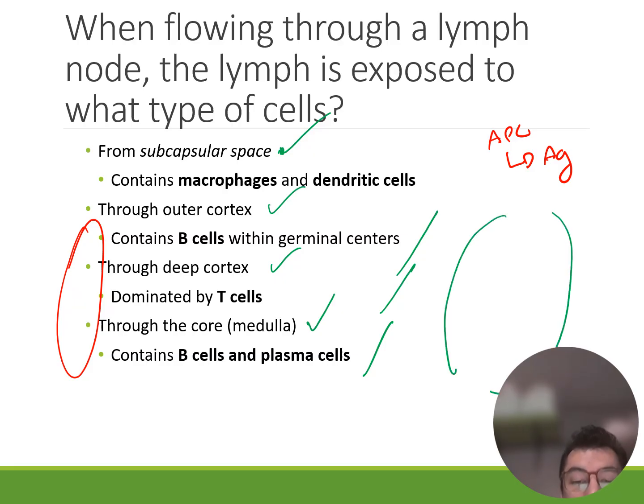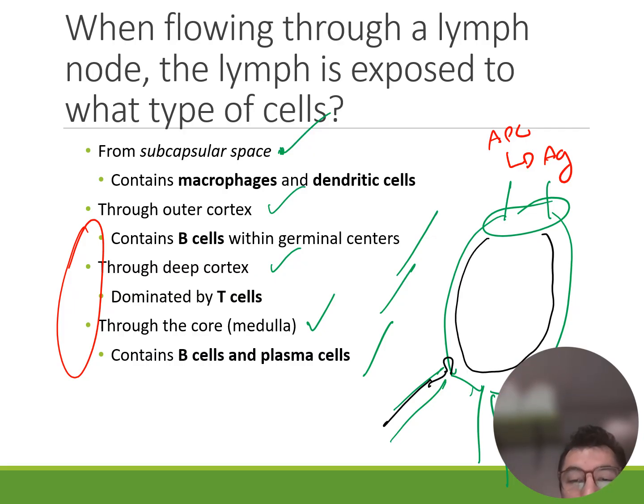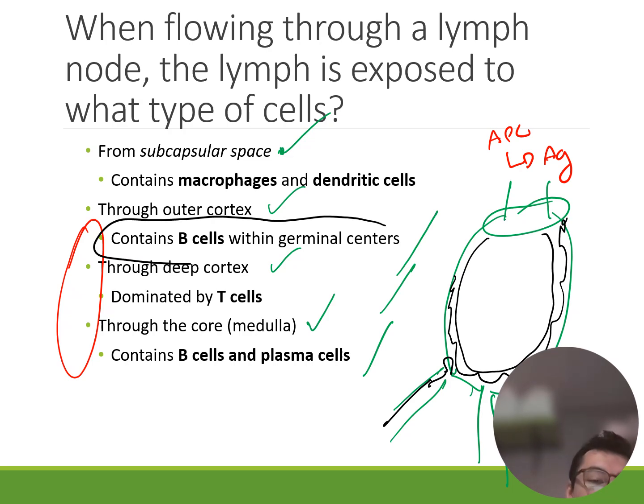All right, as we are bringing fluid in, we're leaving through that hilum, that kidney section. The first fluid comes into this cortex right here, and that cortex is rich in B cells.